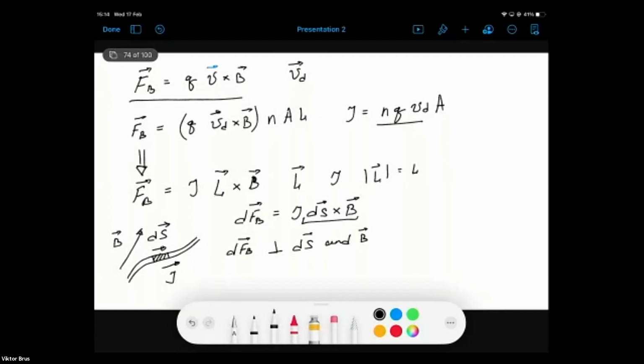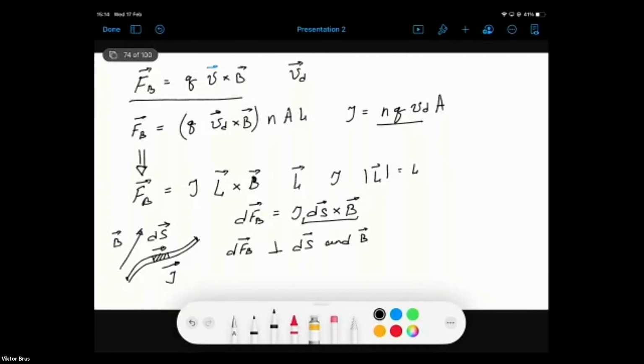So now we can write the equation which will help us, in the general case, to determine the magnetic force acting on a conductor with electric current. To do this, it's already quite obvious, we need to integrate along the length of this random shape conductor, which consists of many of these small segments.